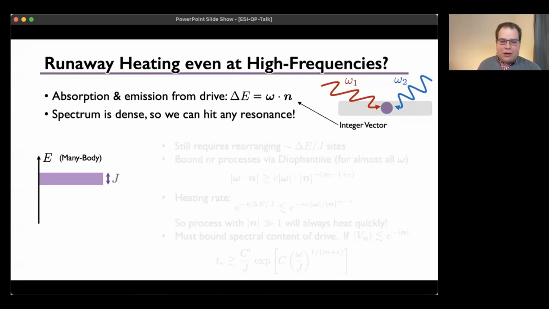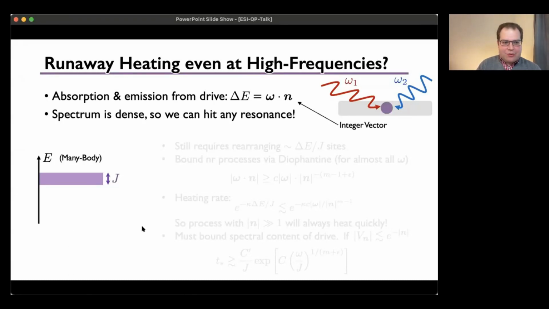One thing you could immediately think about is that if you look at the problem naively, or in perturbation theory, you could be confronted with lots and lots of divergences and runaway heating. The way to think about this is that now we have two incommensurate frequencies. We can make up any energy difference we want from those two incommensurate frequencies, which in particular means that we can hit any resonance, and you could imagine that we just heat, and that's the end of that.